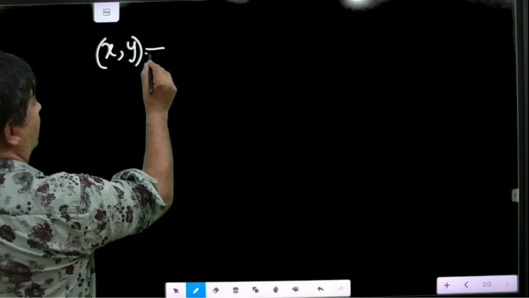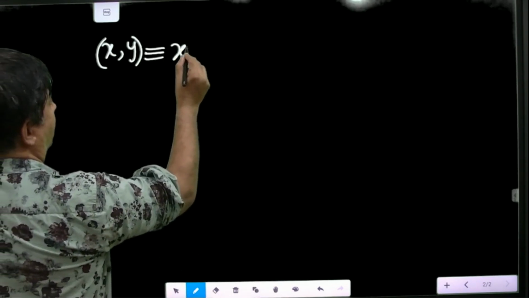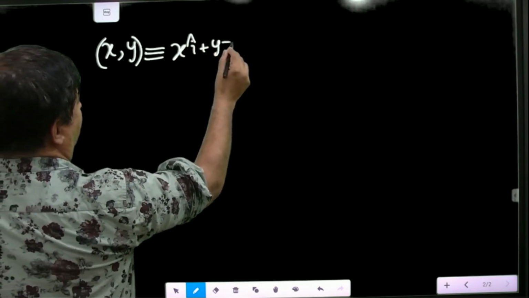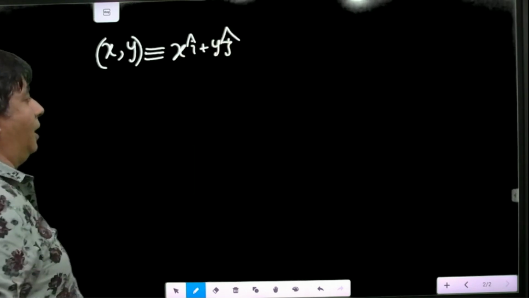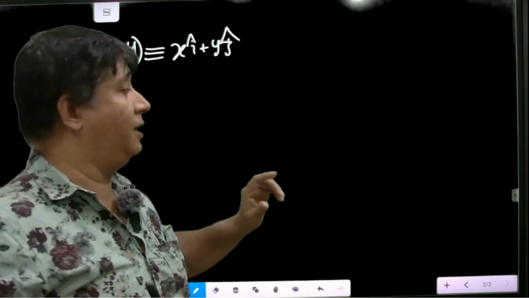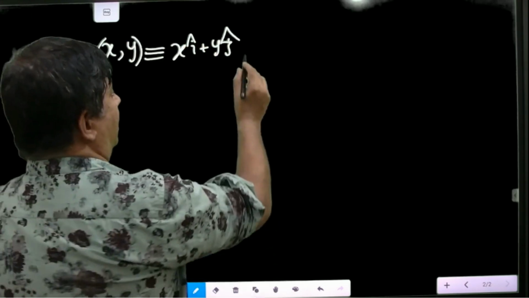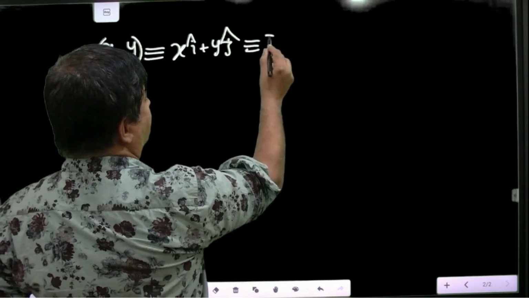But in vector, we have one extra facility, one step ahead of coordinate geometry. The same thing will be expressed by xi plus yj, here a 2-dimensional vector. The i, j unit vectors will be taught later. Now its advanced version is matrix.